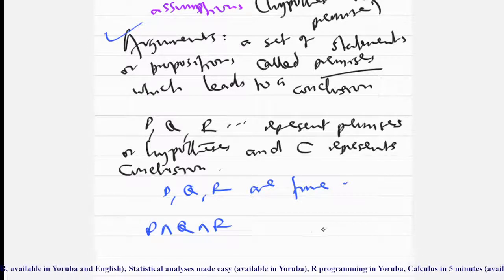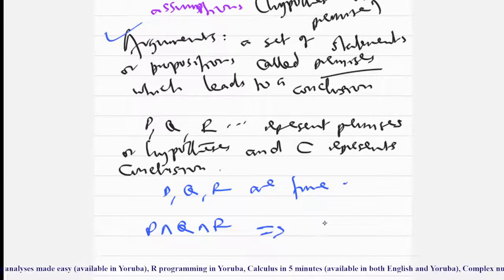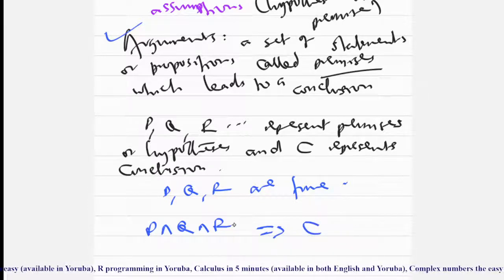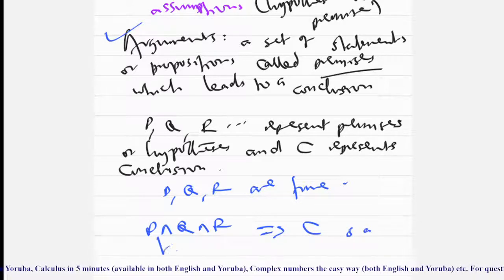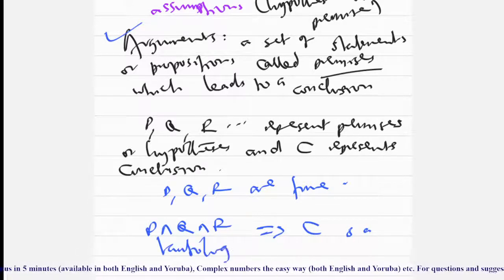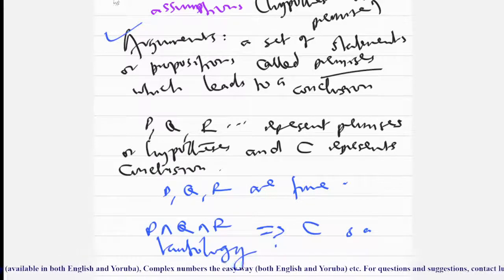So if the conjunction of P, Q, R implies C, that is, it gives rise to a conclusion, then this is a tautology. I hope you understand. When do we say a tautology? That is when you have the truth values.